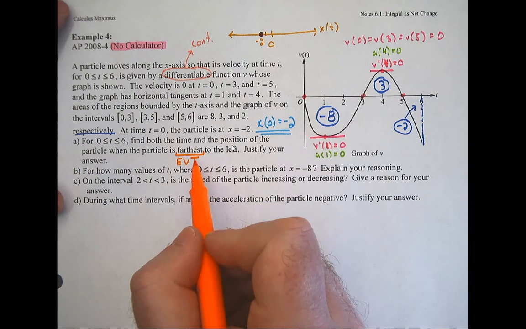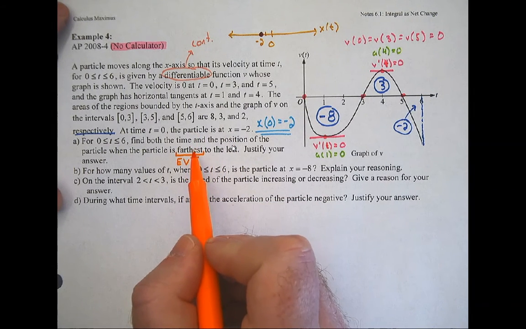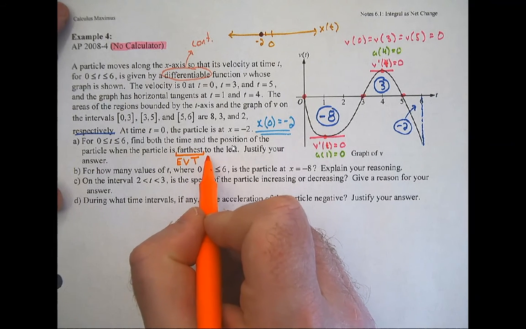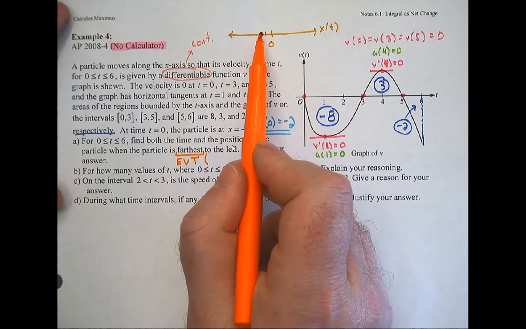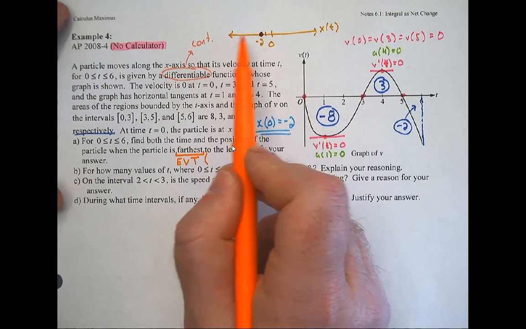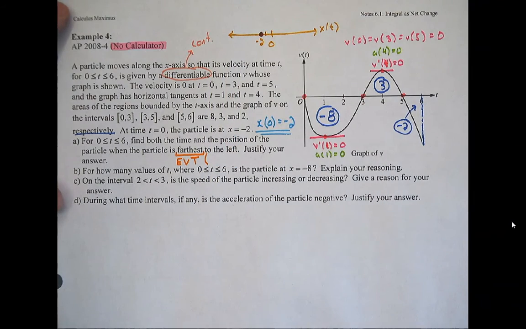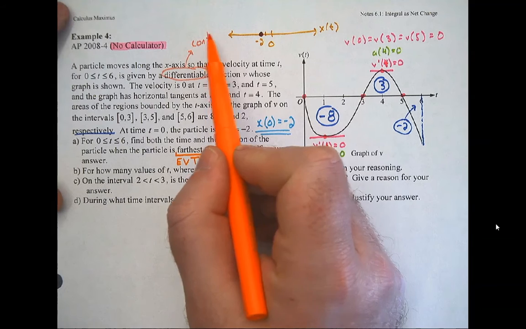We want to find the farthest. So my particle is going to be the farthest to the left, so my particle is here. When I'm going farthest to the left, I want to see what values we are looking at over here. As we move farther and farther left, what kind of numbers are we looking at?